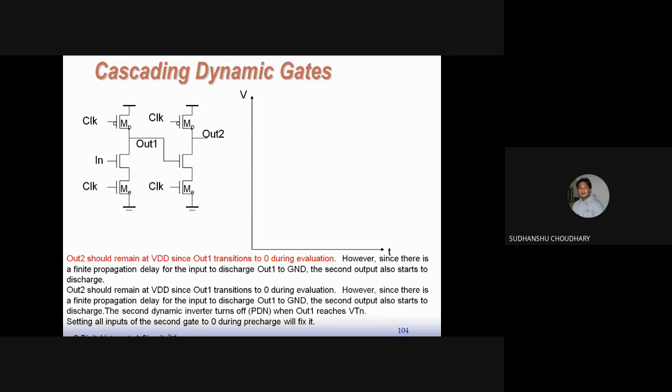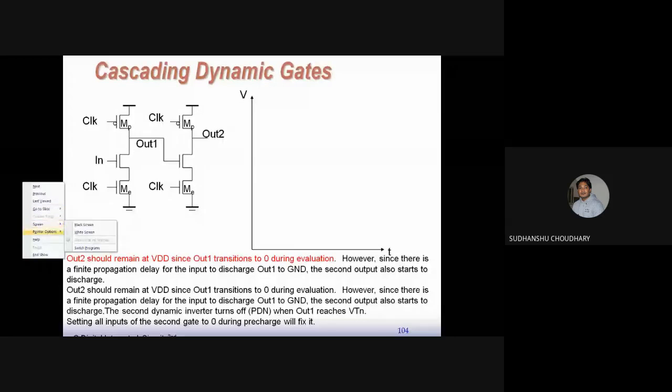So when you try to cascade in maybe such a fashion, here is one gate which is cascaded to the other dynamic gate. So the problem here is, suppose the output here, that is out 1, for the first gate, makes a transition from 1 to 0. Let me take a pointer over here.